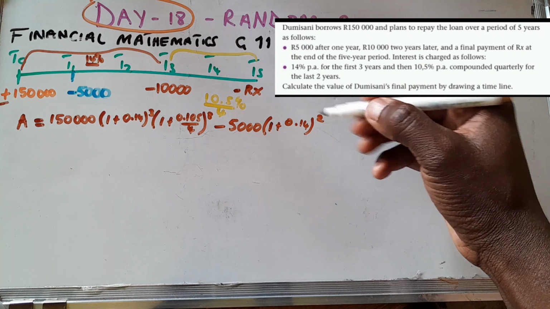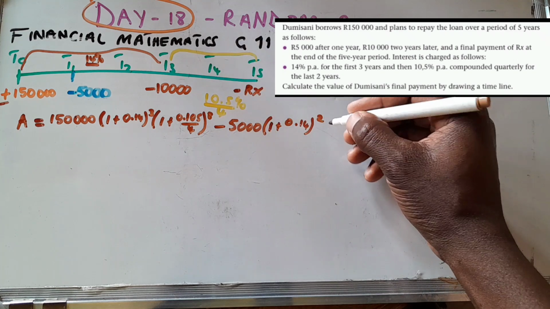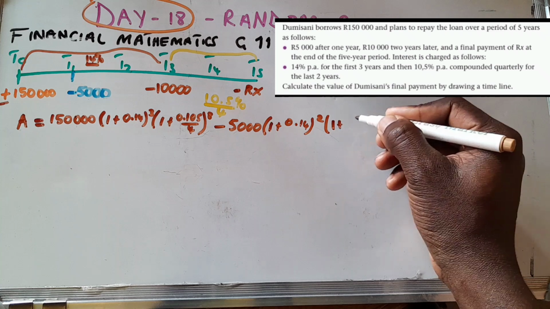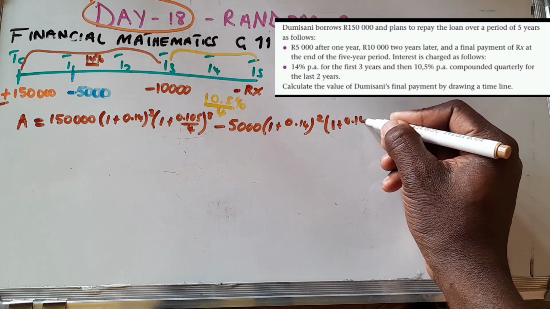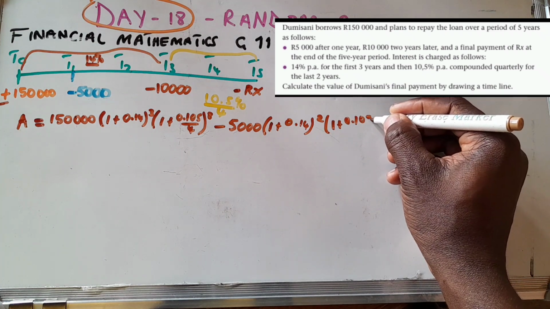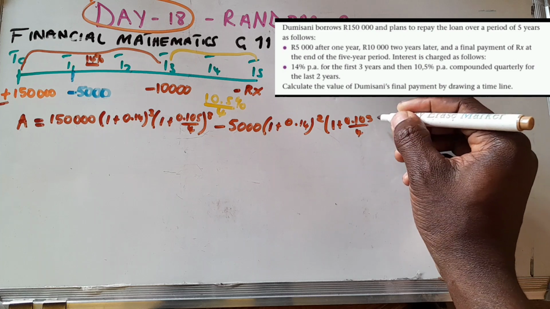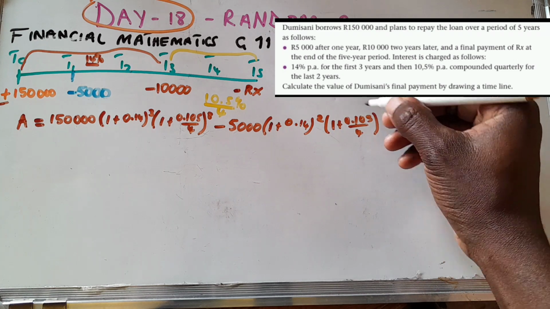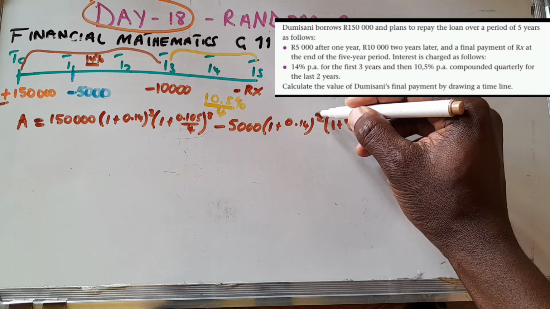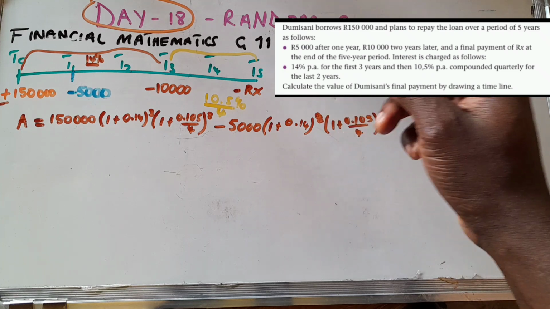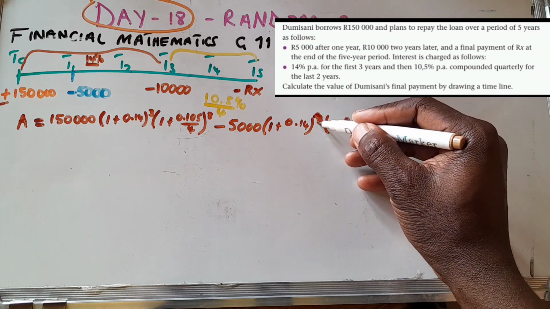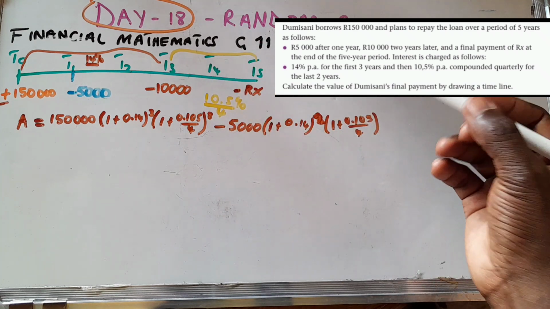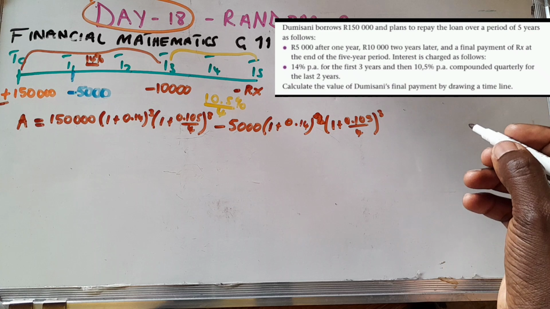And it also stayed for these 2 years, so we open a bracket and put 1 plus 0.105 divided by 4. This is 2 years, but now it will be 2 times 4, so it will give us 8.